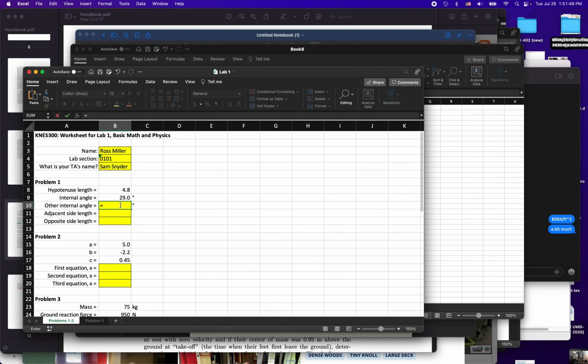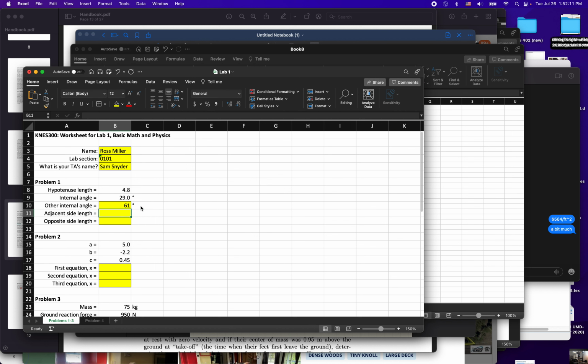If you want Excel to do a calculation, you push the equals sign in the cell that you want the calculation to appear in, and then type in what you want it to calculate. Okay, so I click on cell B10, and I do equals 180 minus 90 minus 29, and then return.